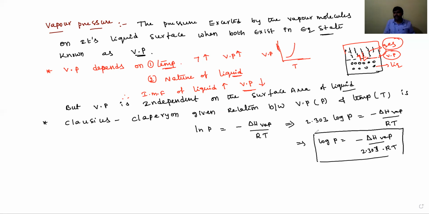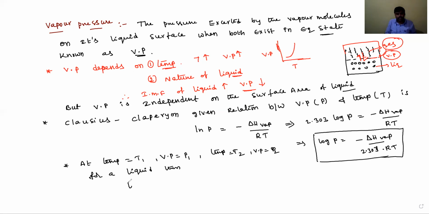And at different temperatures, say temperatures T1 and T2, the vapor pressures of the liquid are P1 and P2. That is, at temperature T1 the vapor pressure is P1, and at temperature T2 the vapor pressure is P2 for a liquid.